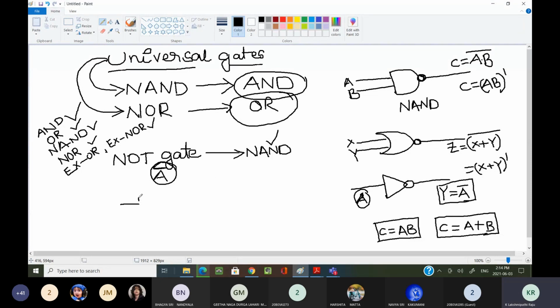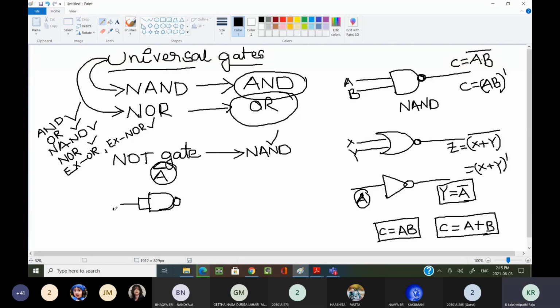So I am combining the two inputs: I am giving a single input and taking that single input as two inputs.